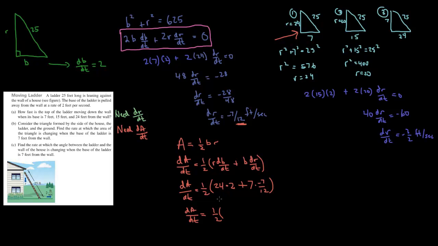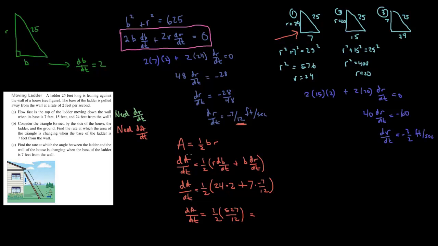And so inside those parentheses we get 527 over 12. And so 527 over 12, not divided by 1/2, sorry, multiplied by 1/2, is 527 over 24.